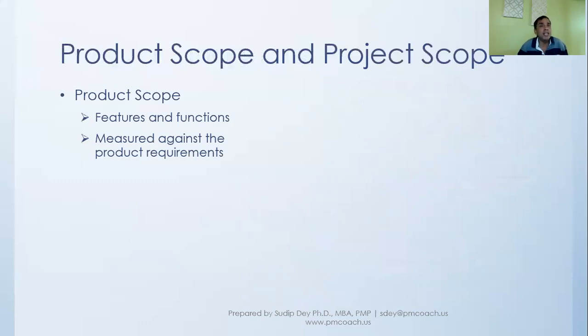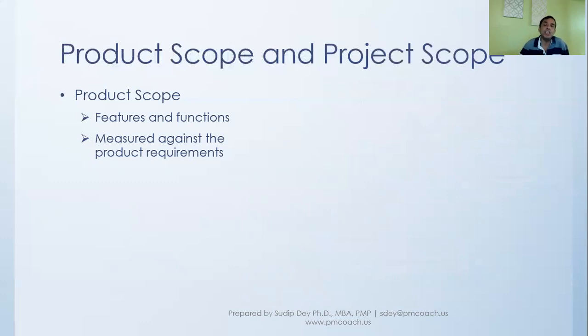In other words, let's say we are developing a product, an Android phone, for example. Then all the features and functions of that phone, how we make the call, and what the different smartphone features are, those are the product scope that will be available to the end user.